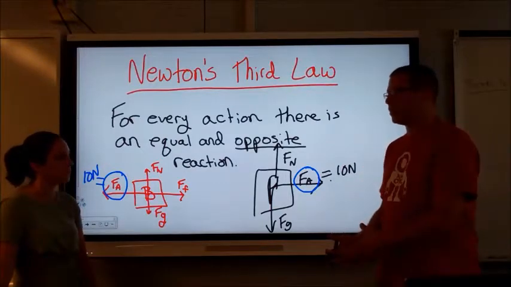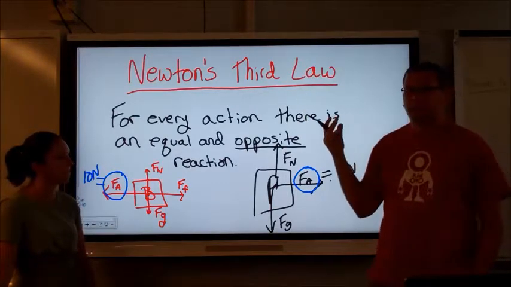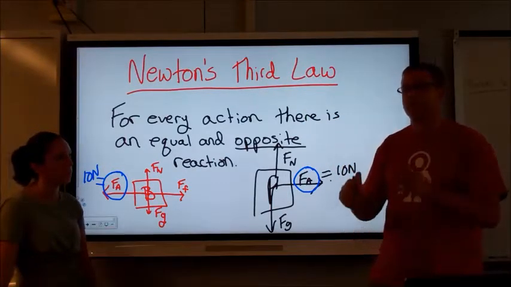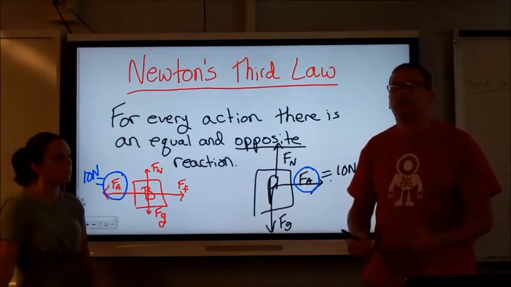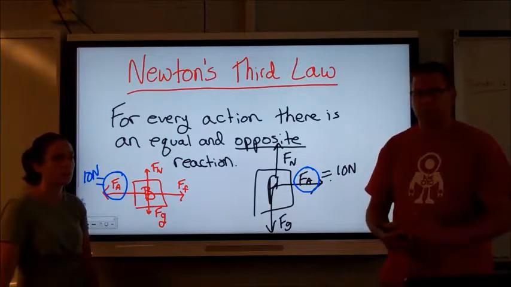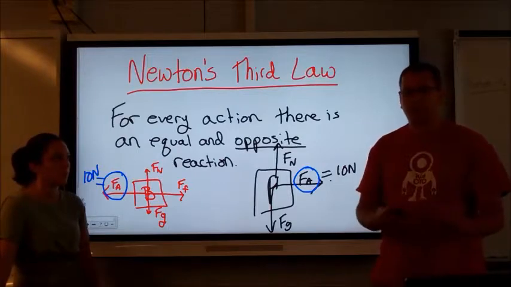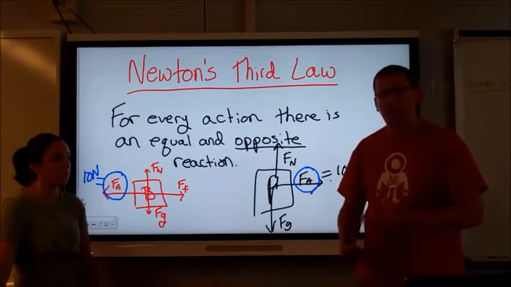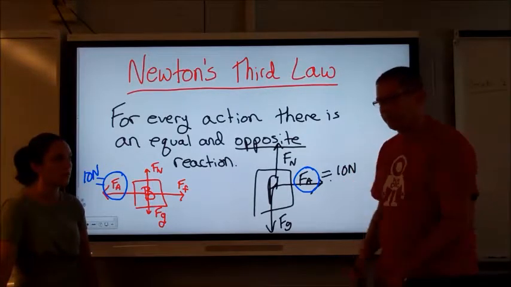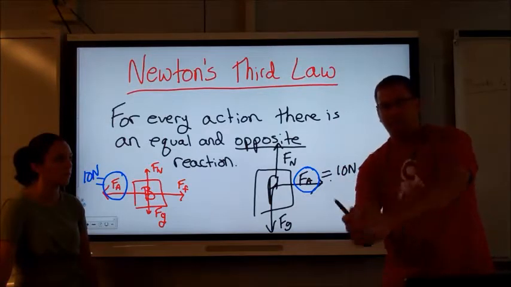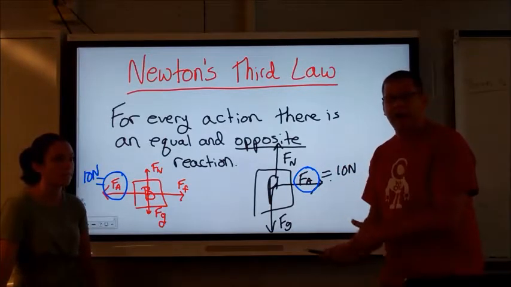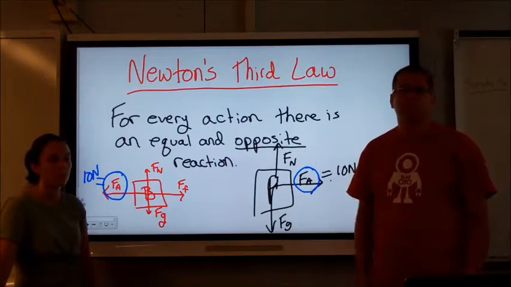Now, the Regents questions that have to do with Newton's third law are simple to answer as long as you recognize that it's a Newton's third law question. For example, a baseball is thrown in a baseball game, and a batter hits it, and the question says the bat hits the baseball with 100 newtons of force.